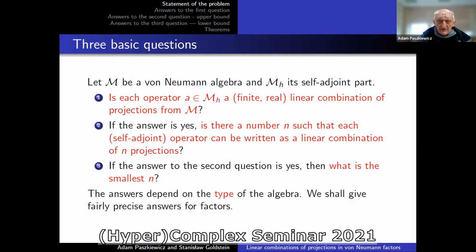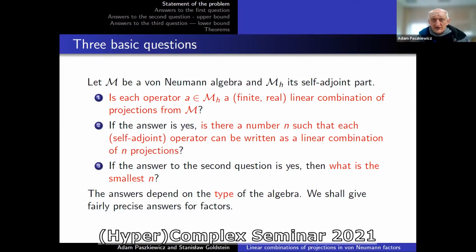It's an algebra of operators in a Hilbert space, closed in a special topology, and mostly connected with von Neumann theory of measurement. So in particular, any self-adjoint operator in such algebra is interpreted as a physical value, and any projection is interpreted as a physical question.